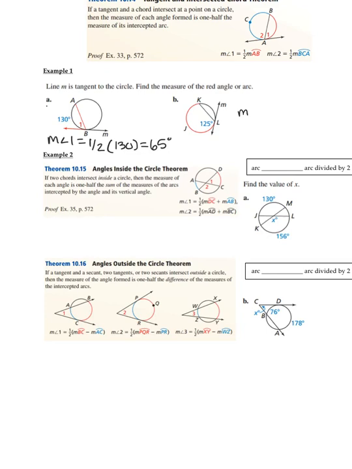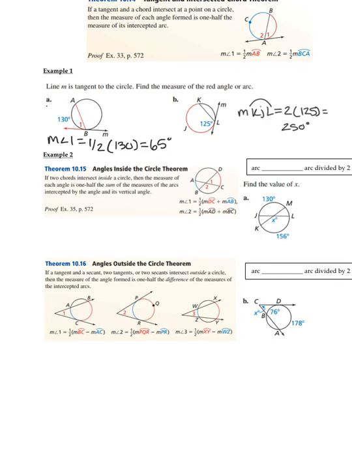So this time, in order to find the measure of the intercepted arc, we would have to multiply by 2. So the measure of arc KJL would be 2 times 125, and this would be 250 degrees, okay? So it's the opposite of what we were doing at first. At first, we were given the intercepted arc and we were trying to find the angle. This time we were given the angle and we were trying to find the arc.